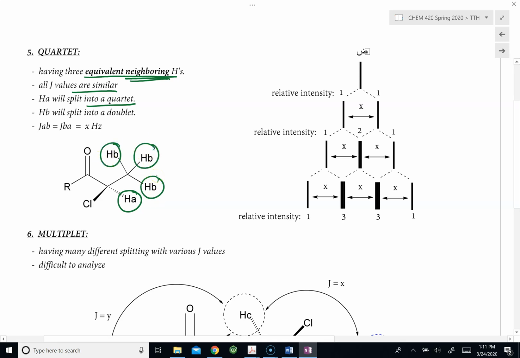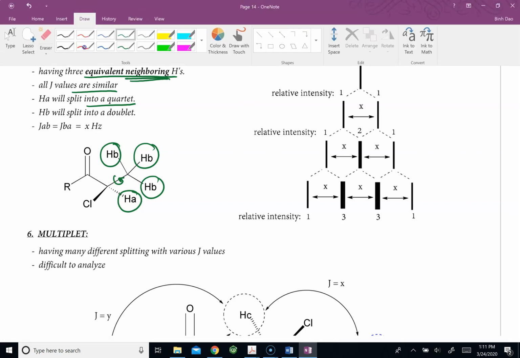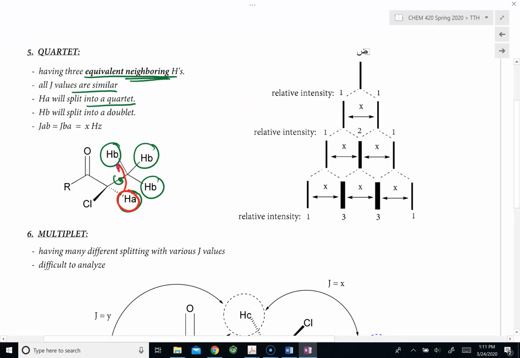The three hydrogens in this methyl group are actually equivalent due to the rotation of this carbon-carbon single bond. So when HA communicates with the first HB, it will be one J value. Let's say this equals X. When this HA communicates with the second HB, it will be another J value that is also the same, which is X as well. And when HA communicates with the third hydrogen, the HB, it will be another X value.